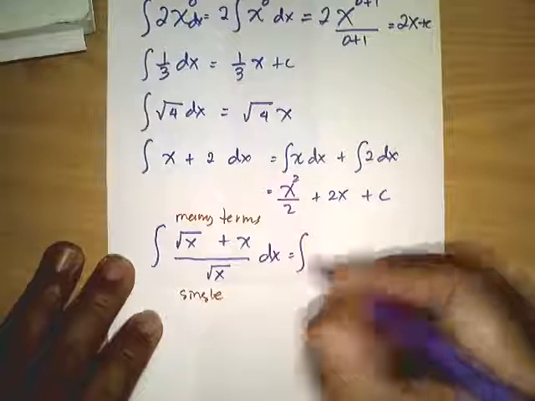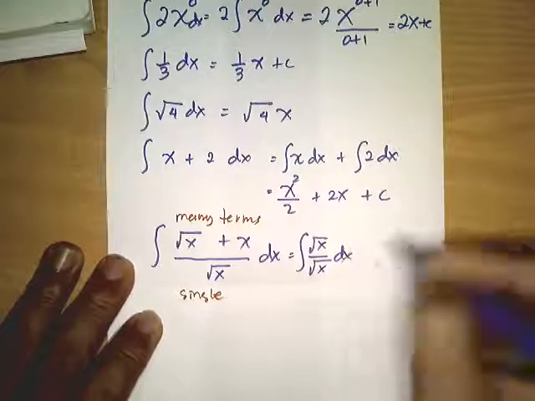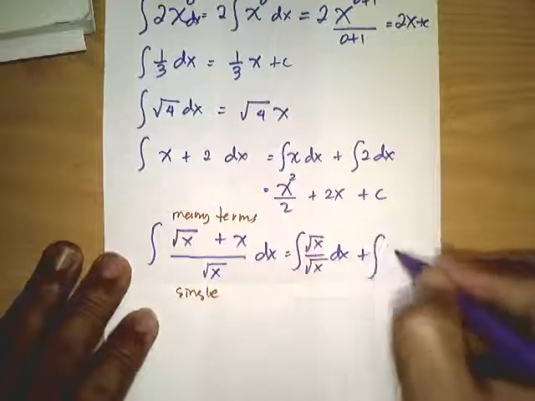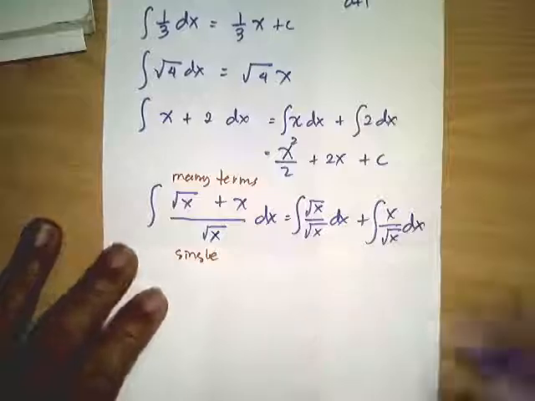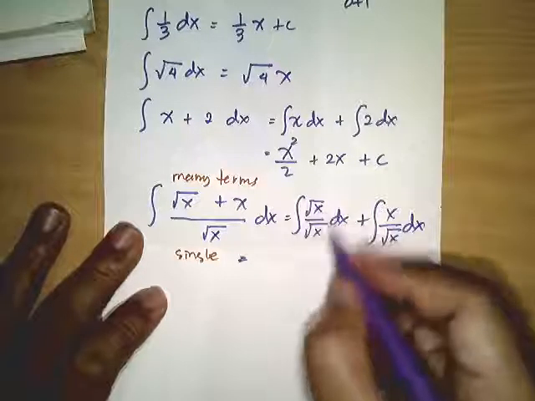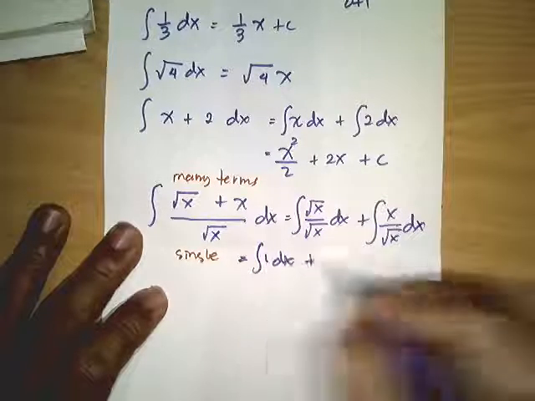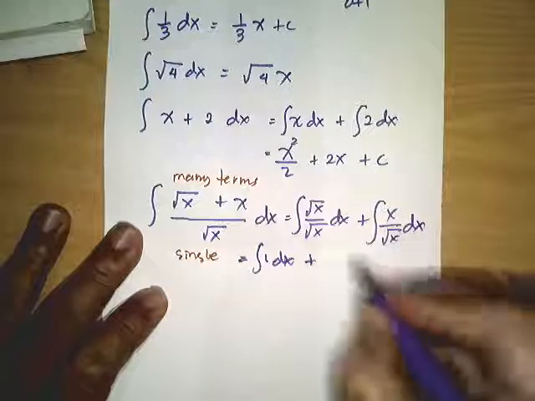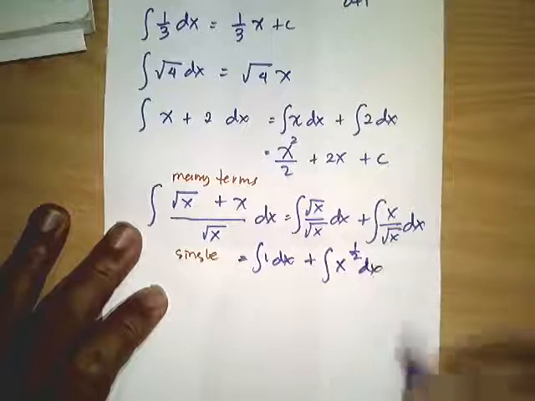So you can have the integral of square root of x over square root of x dx, plus the integral of x over square root of x dx. Then simplify it first before taking the integral. The square root of x over square root of x is the integral of 1 dx, plus x over square root of x is equal to the integral of x to the half dx.